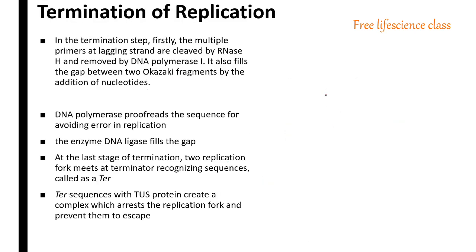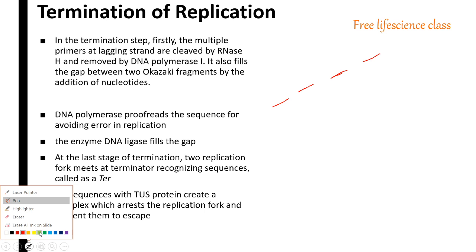So we are moving into the termination of replication. In termination of replication, the first thing is the joining of Okazaki fragments. That means the lagging strand is synthesized in short stretches of nucleotide sequences. I am only showing the lagging strand for understanding.